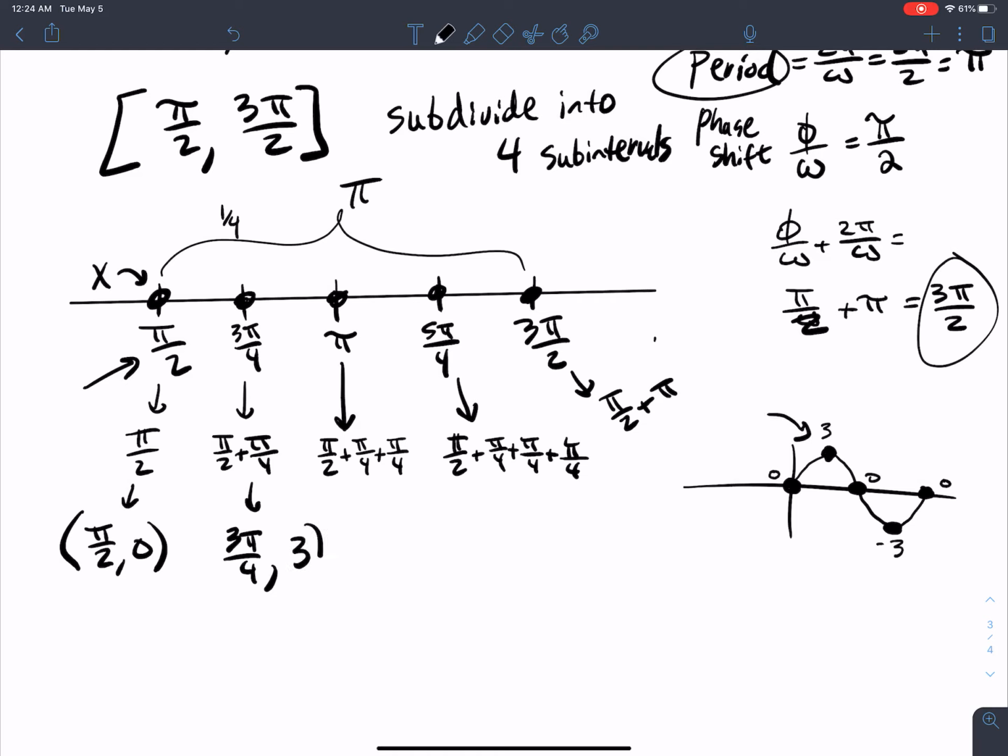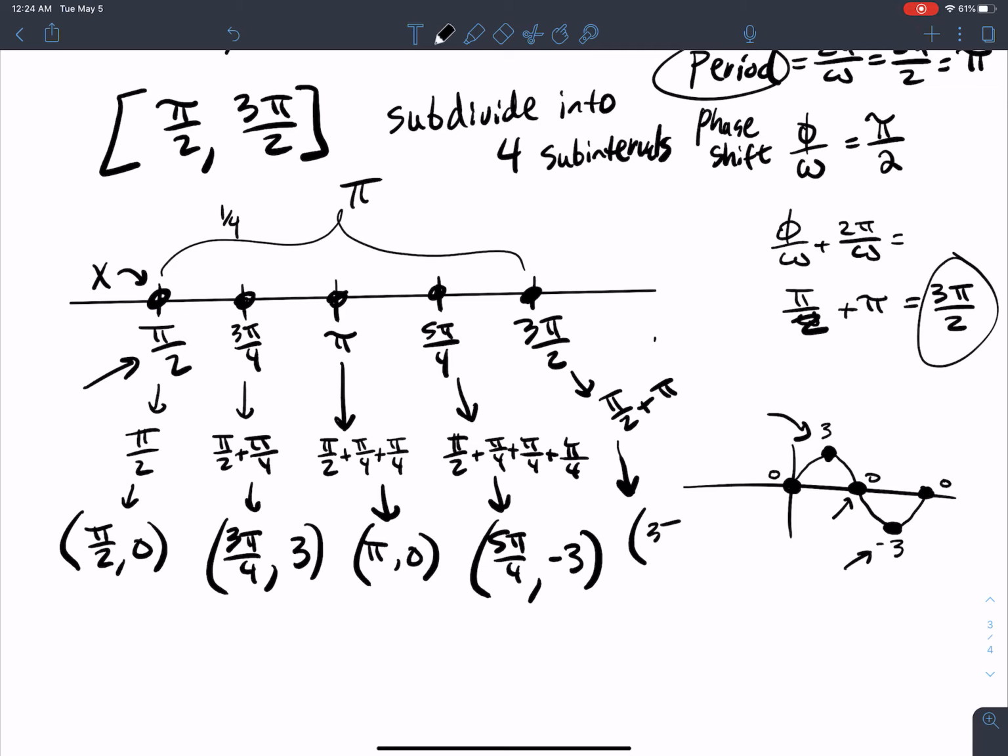It's 3. The next one is pi, and then what's the y value there? It's 0. This one here is 5 pi over 4, and what's the y value? It's -3. And then the last one is 3 pi over 2, and its y value is 0.